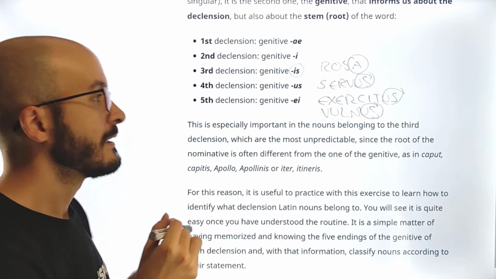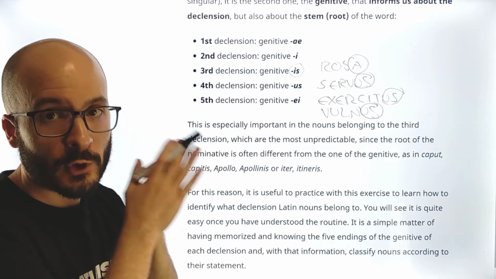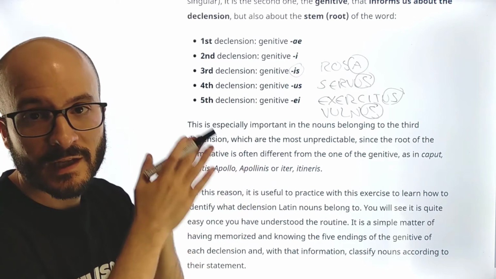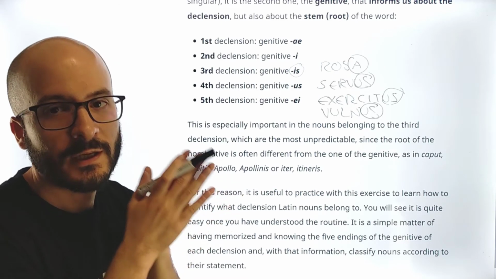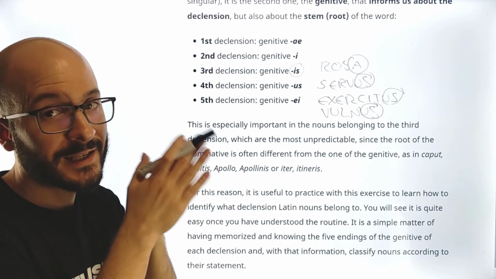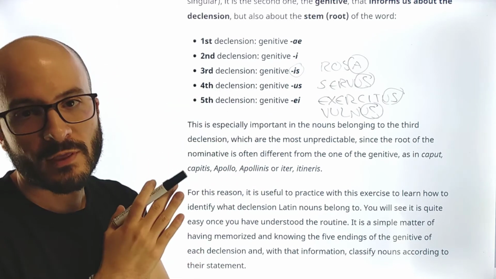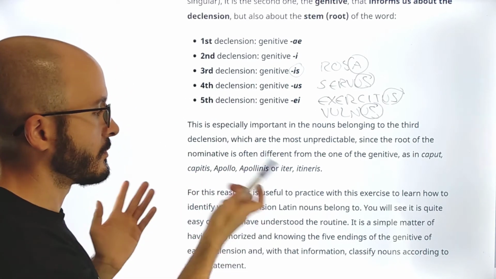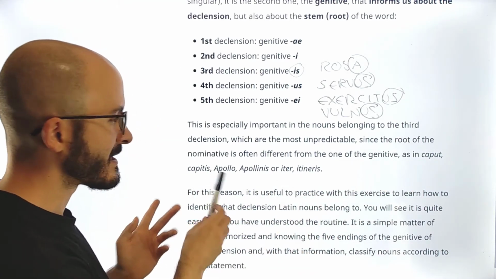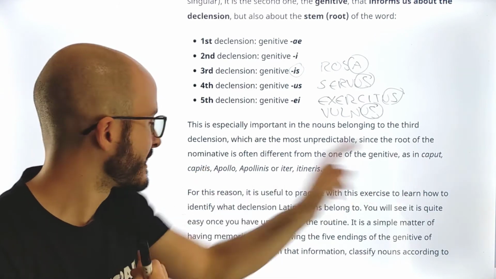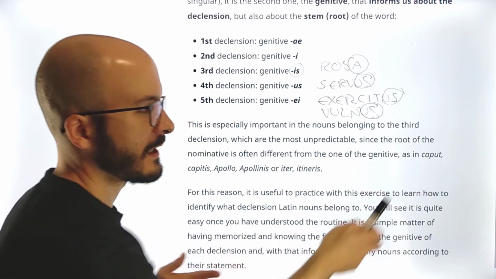And actually, this statement thing is the most important when we are studying the third declension, which is the most irregular, the most difficult, etc. By then, when we get to the third declension, we really need to control all of this statement thing. For example, you see here, caput, capitis. Why caput, capitis and not caput, caputis or capit, capitis? And why this ut ending?